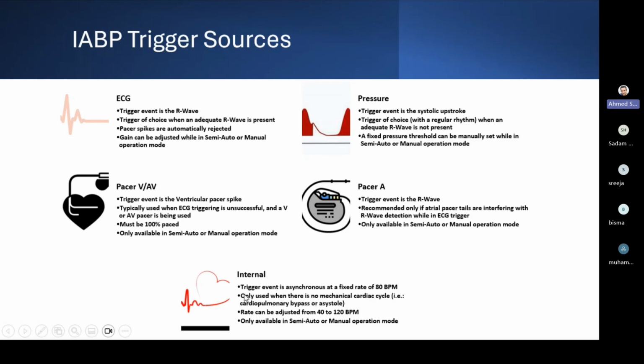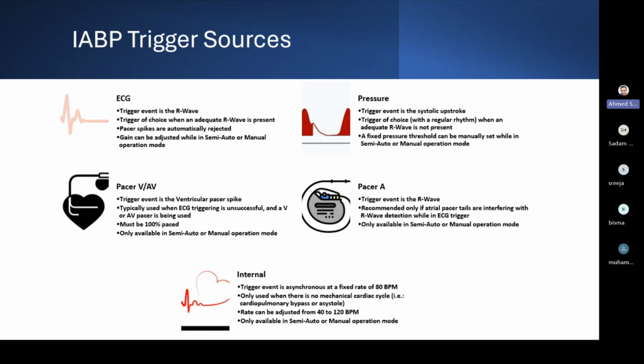The internal mode basically works by setting a fixed heart rate between 40 and 120, and the default is around 80 beats per minute. Based on this, the balloon will start the inflation and the deflation.